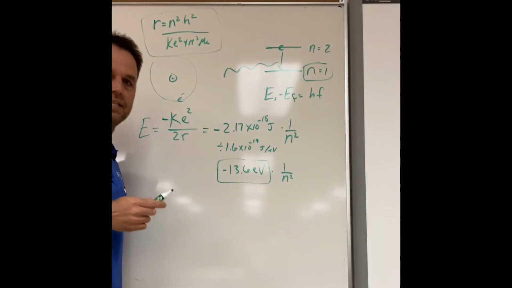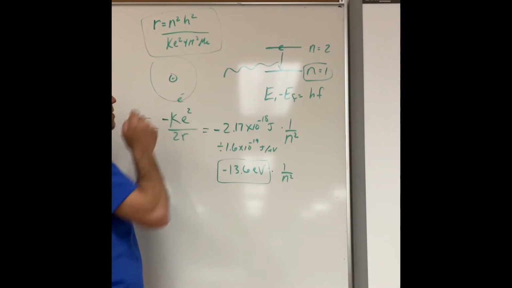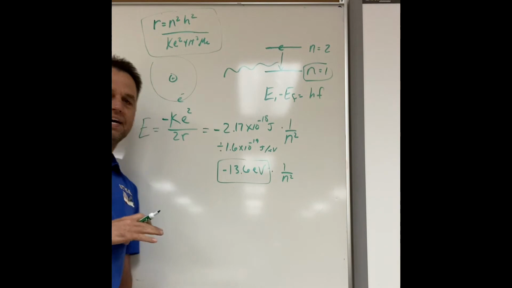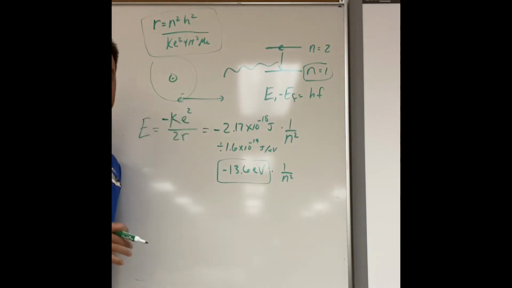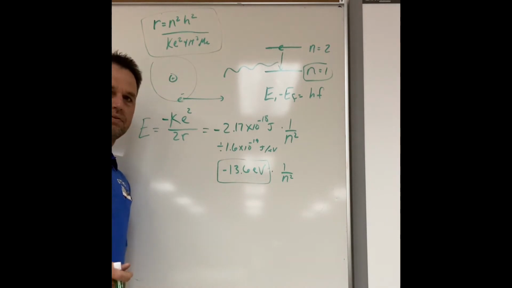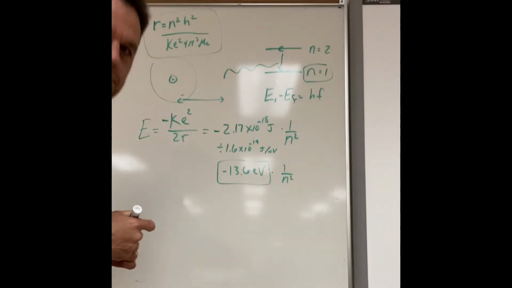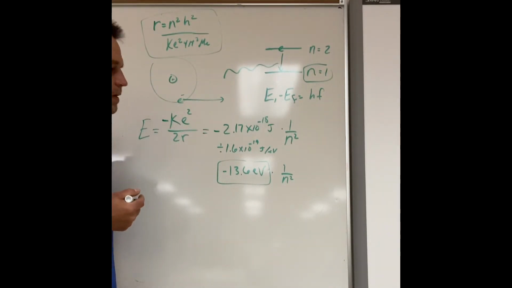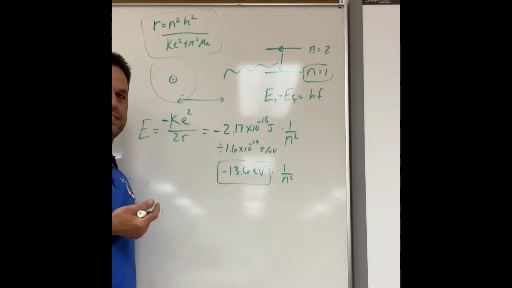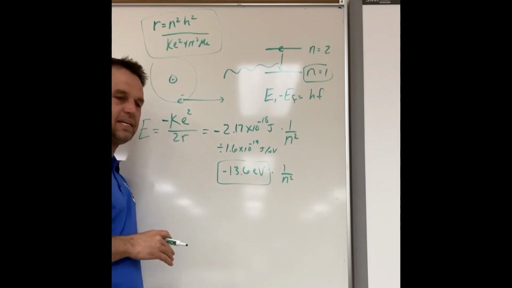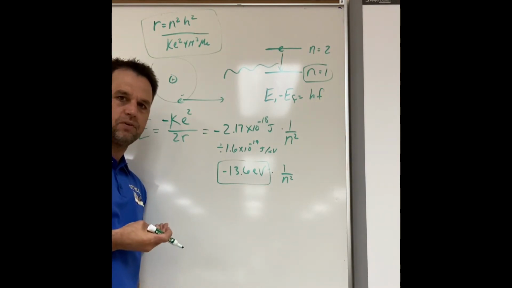That's how much the electron is bound to the nucleus with. So in other words, if you want to ionize hydrogen, set that electron free, you need to give it 13.6 electron volts. So the most tightly bound that our electron can be to our nucleus is with 13.6 electron volts, meaning that it takes 13.6 electron volts to set it free.